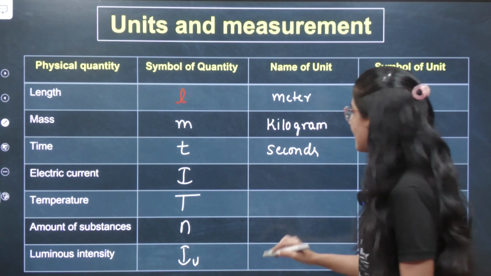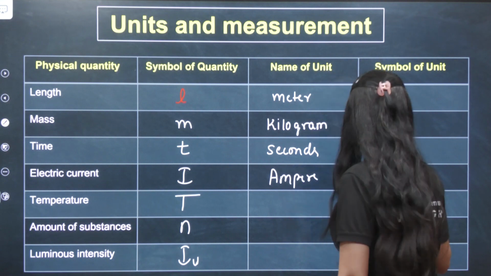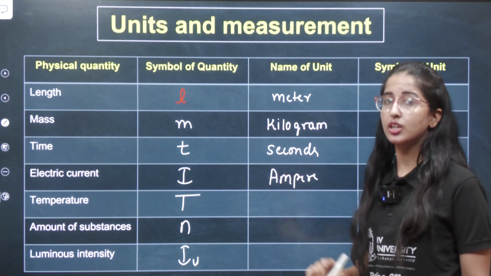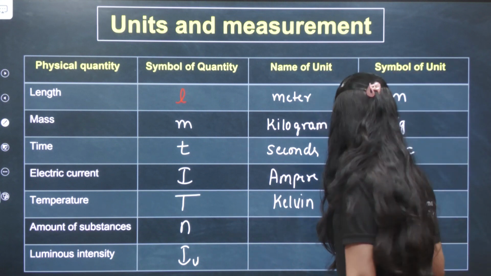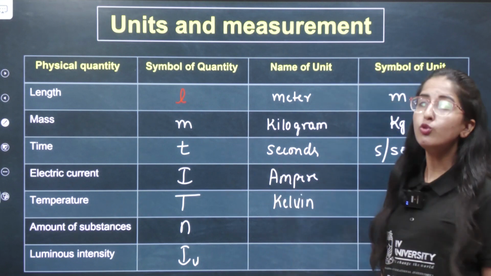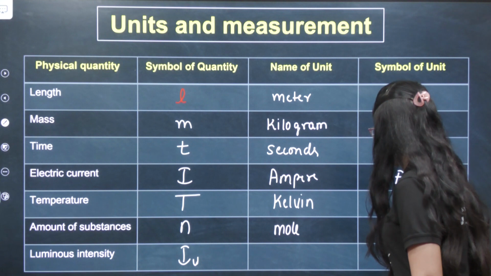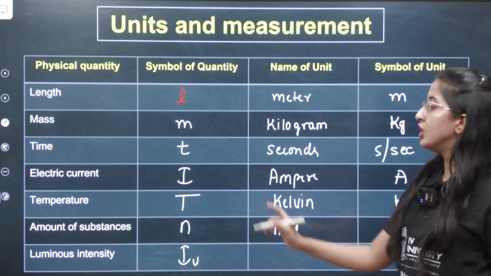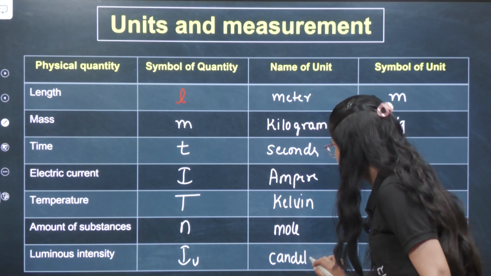Electric current, ampere, A. Temperature, it is usually present in Kelvin scale, so K. Amount of substance, mole. It will be written as mol. Luminous intensity, candela, cd.